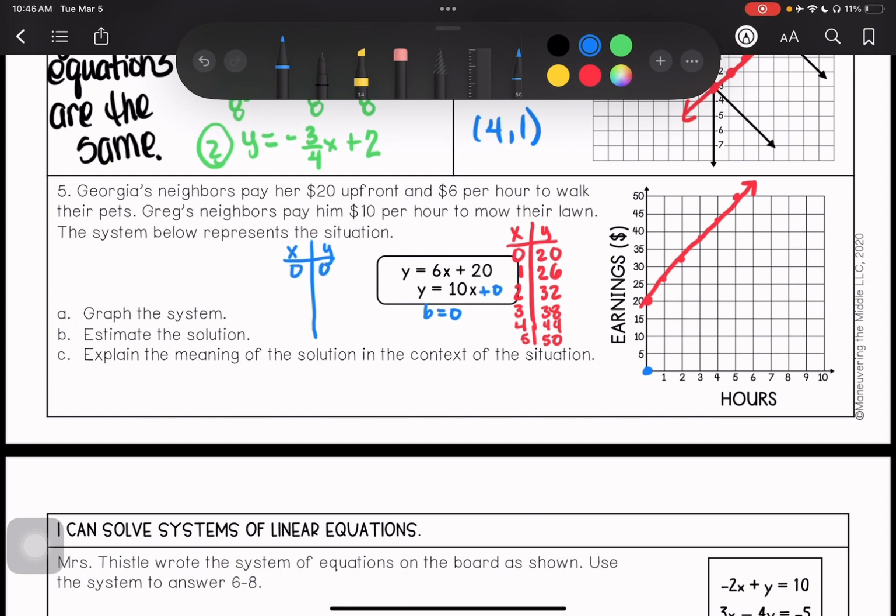That's the origin. When x is 1, y is 10, because 1 times 10 is 10. When x is 2, y is 20. When x is 3, y is 30.